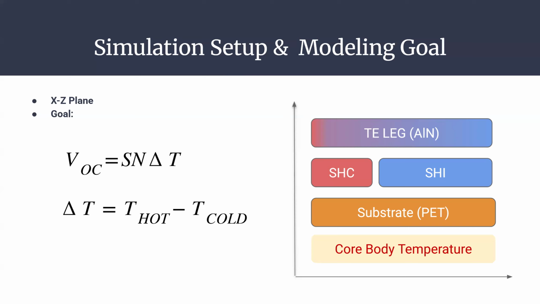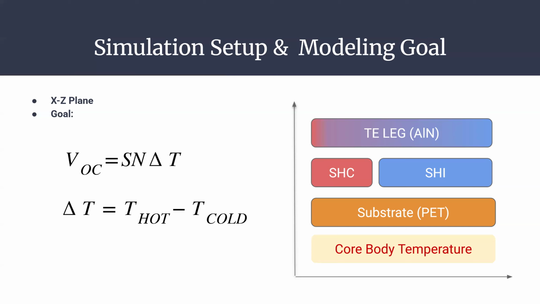The majority of the heat comes through the soft heat conductor and reaches the top layer, the thermoelectric leg, which is made of aluminum nitride. That creates a temperature difference between the hot end and the cold end.